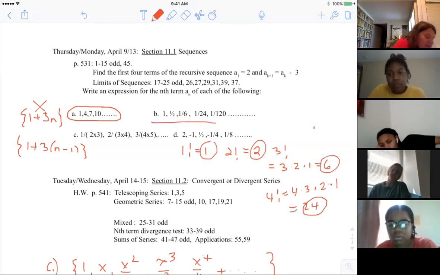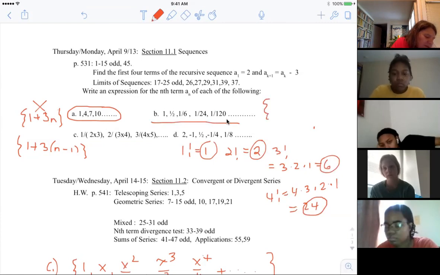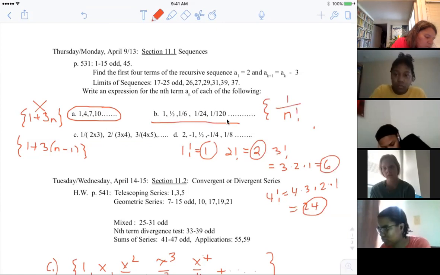That's exactly what we've got in those denominators right there. We got 1 in the first one, 1 over 2, 1 over 6, 1 over 24, and 1 over 120. The way we write that is 1 over n factorial.